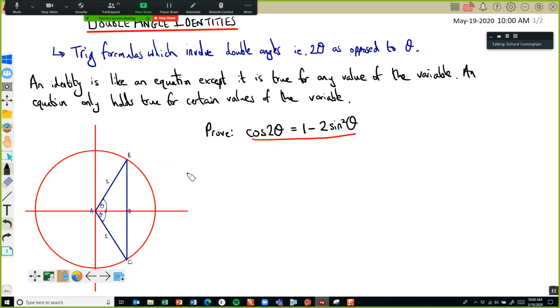And what we're going to do is, what are we going to do? Yeah, we're going to look at length BD. Can everybody see B and D? I know it's quite small.